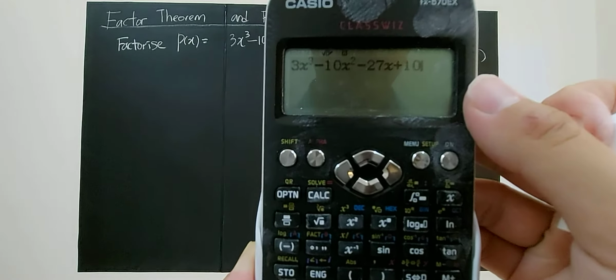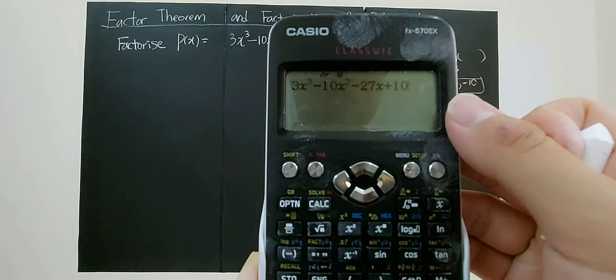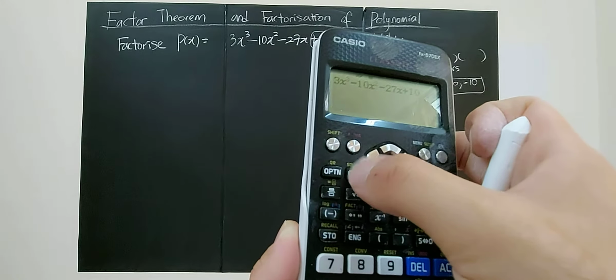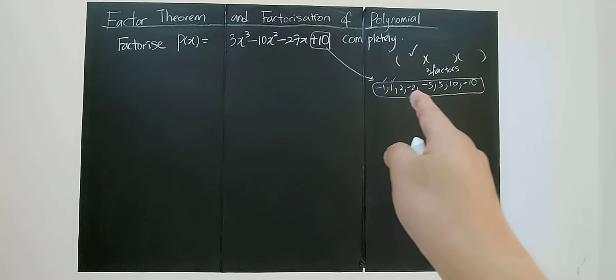Then you have 3x cubed minus 10x squared minus 27x plus 10. So I'm going to press the calculate button to test each value, to see which will give me 0.